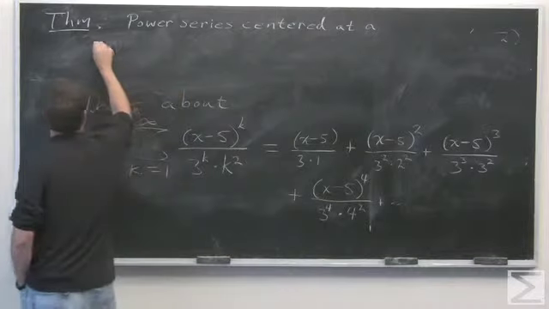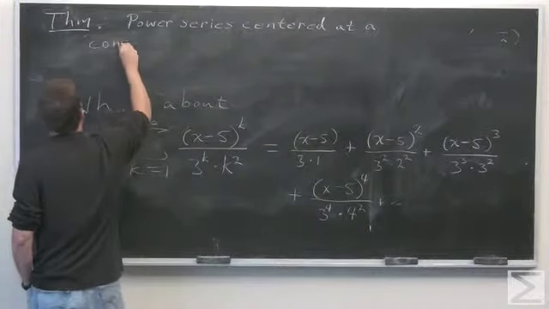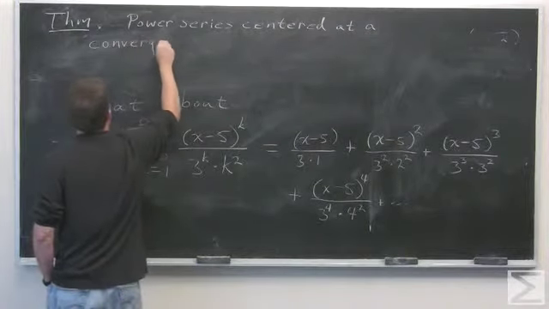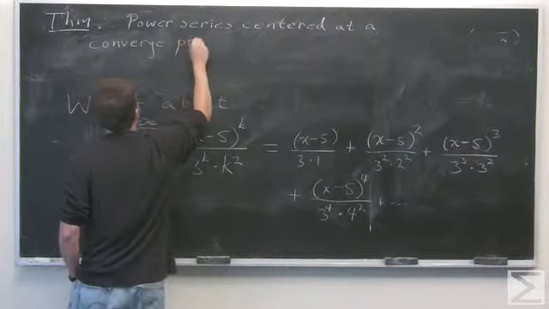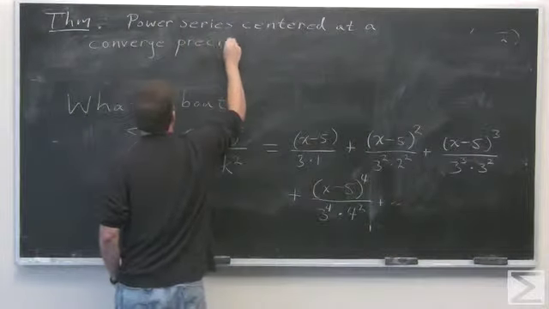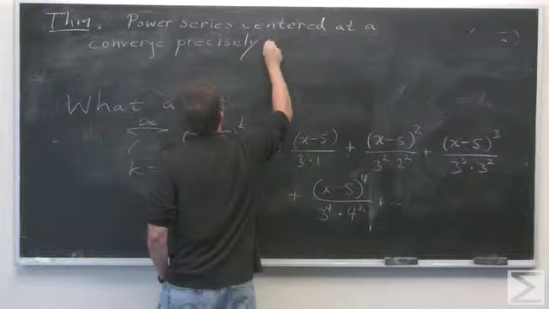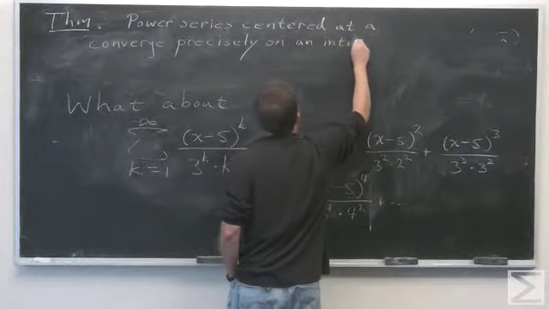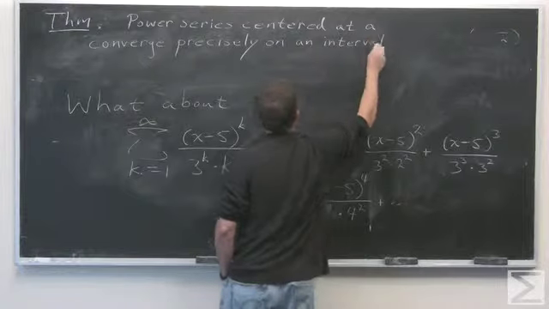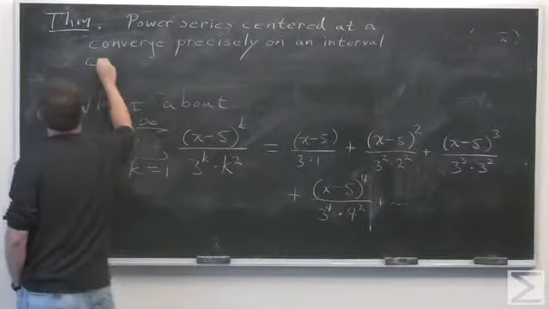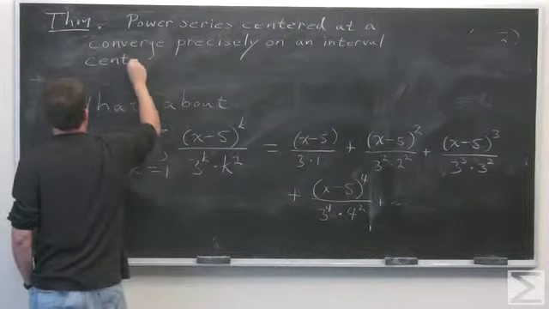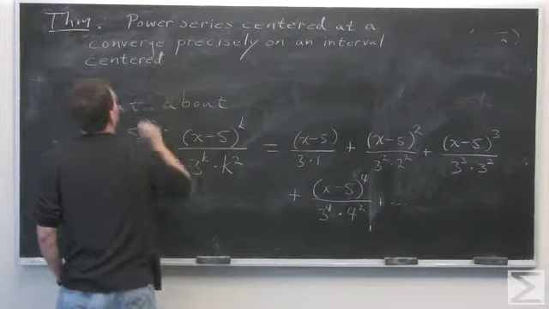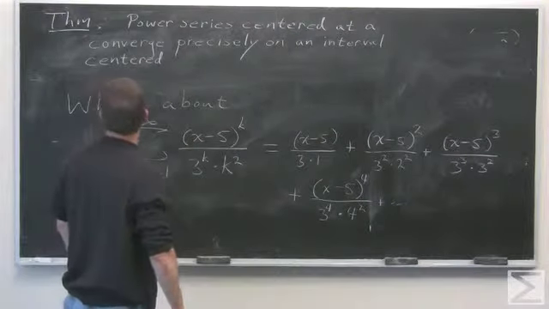Converge precisely, so this is exactly where they converge, precisely on an interval centered at A. And they diverge outside of here. That's the point of precisely. They don't converge anyplace else.